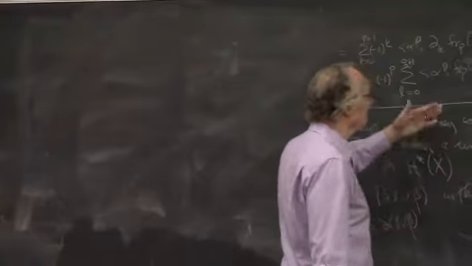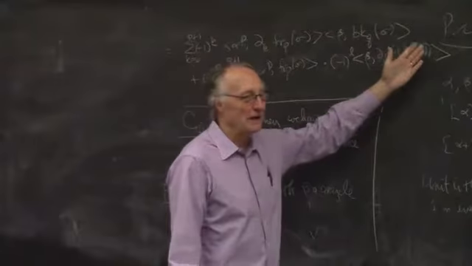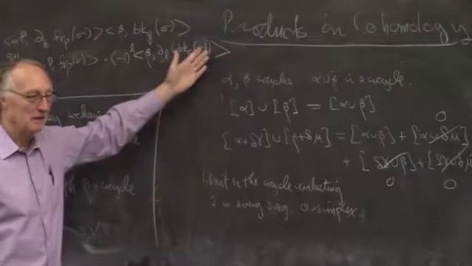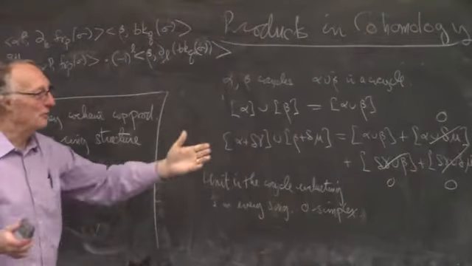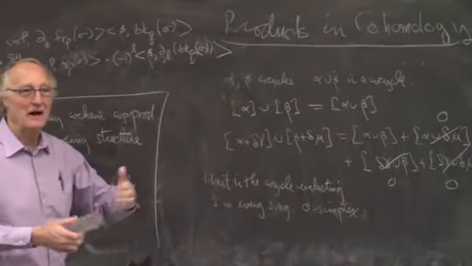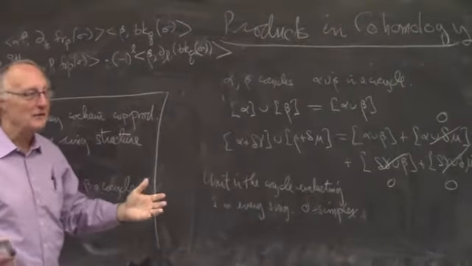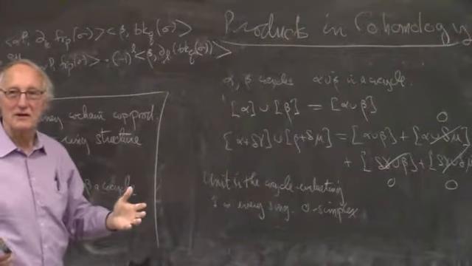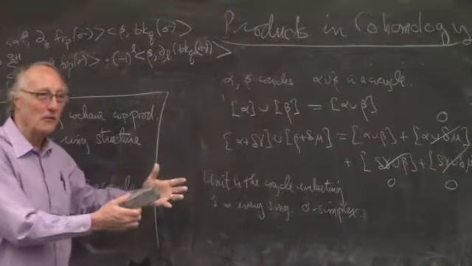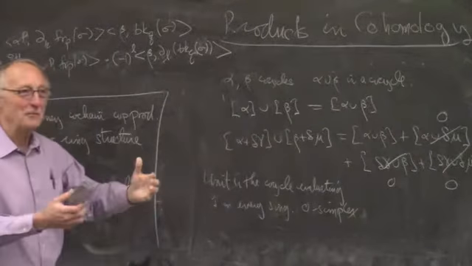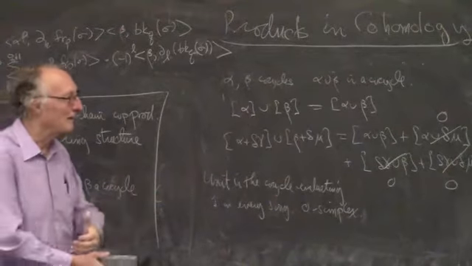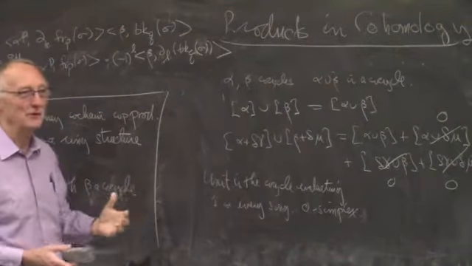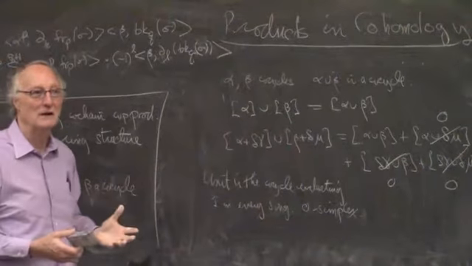I wrote down an explicit formula for the Whitney cochain cup product. And now I'm going to prove it's graded commutative by a general argument. I could have used that same general argument to prove there was a cochain formula, and then the second part, which I'm going to do now, would show that the induced cup product in cohomology was independent of that formula.